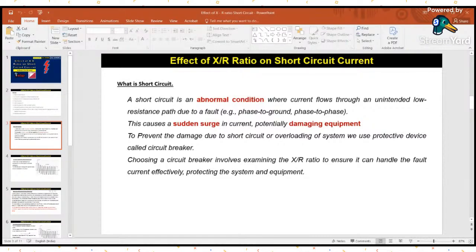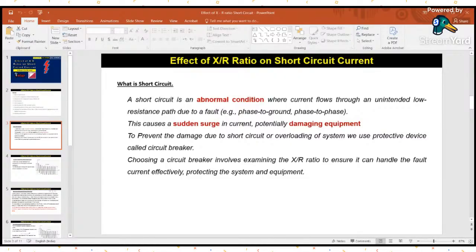To prevent the damage, what happens in a short circuit? When a short circuit occurs, there is a very huge rise in the current. There is a huge surge in the current. This will damage our equipment. To prevent the damage of our equipment due to this huge surge current, we use protective devices, mainly circuit breakers.